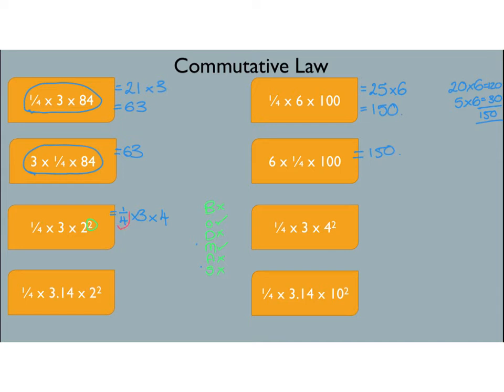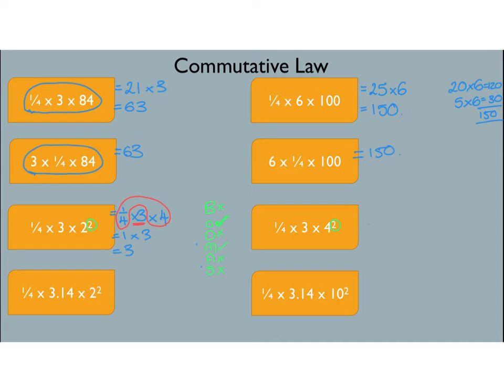Okay, now from there I can do a quarter of 4. A quarter of 4 makes 1. 1 times the 3 makes 3. Okay, next one, again, we have got an order. The 4 squared is an order, the square part being the order.